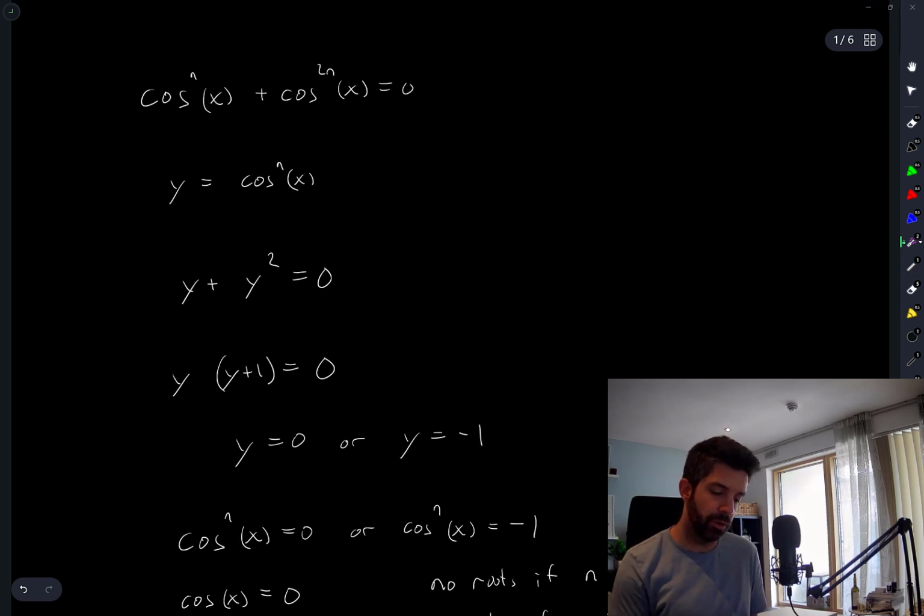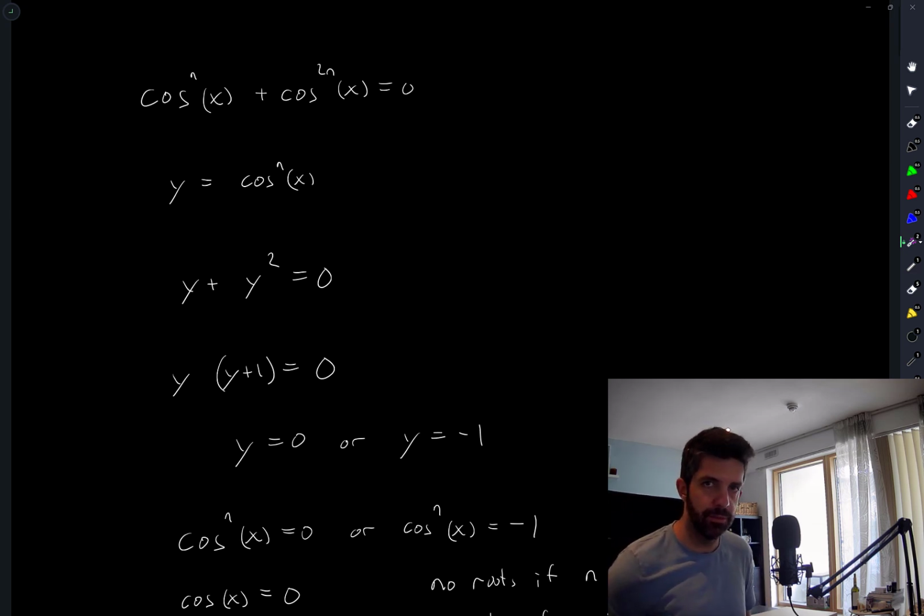There were other things that crossed my mind when looking at this, like maybe using some trig identities to simplify these expressions. But I just thought that this treatment, solving for cos^n of x, might be a more likely first step to actually yield a useful result, and it certainly did.